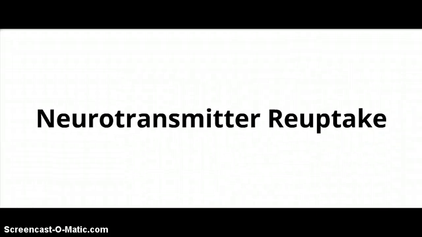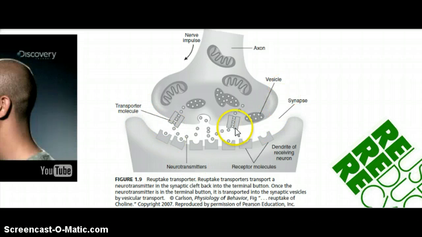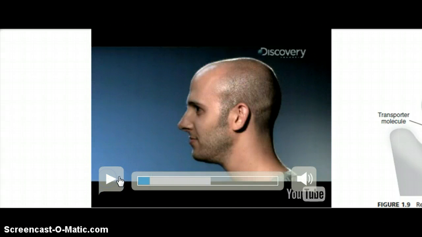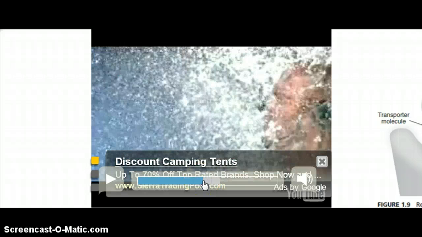So neurotransmitter reuptake. So what happens here is the synapse right here, so presynaptic and postsynaptic neuron, and the synapse are going to have the release of all this neurotransmitter. So I want to come over here and pause this actually. But this video was to show a water balloon hitting some guy's face.